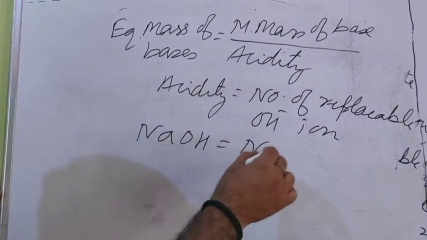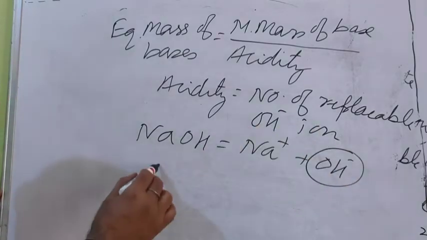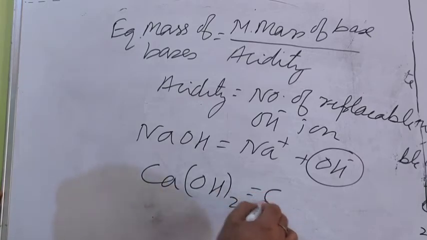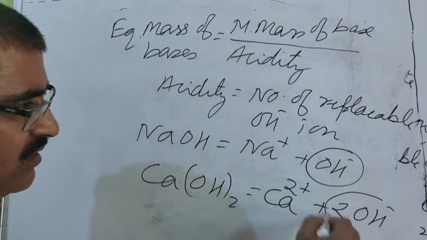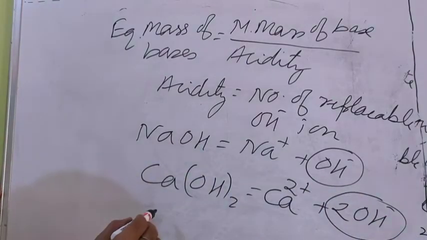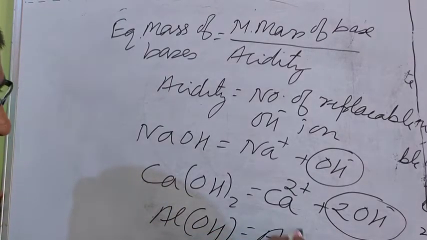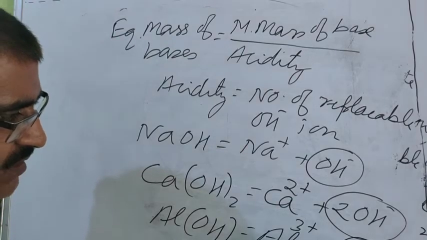NaOH is Na plus plus OH minus, so one OH minus. Ca(OH)2 is Ca2 plus plus 2 OH minus, so 2 OH minus here. Al(OH)3 is Al3 plus plus 3 OH minus.